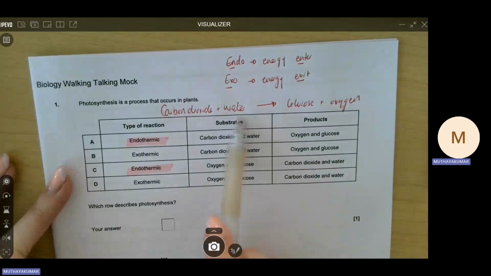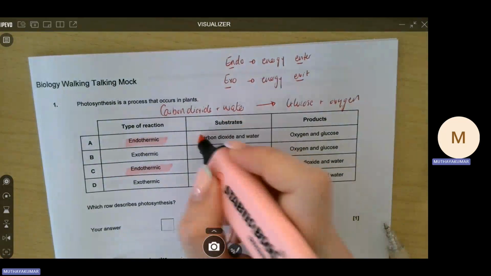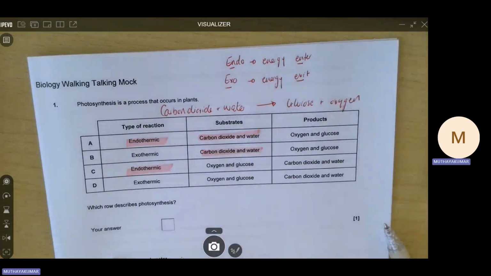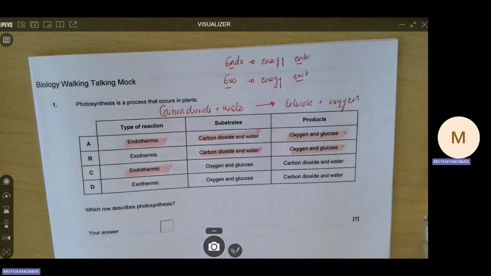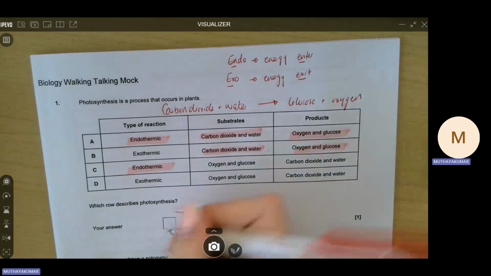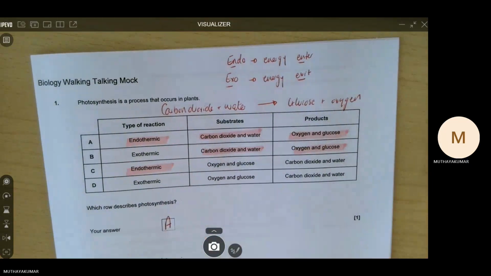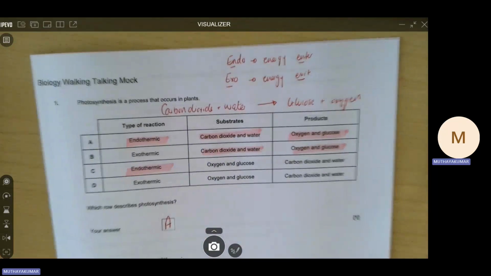All right, and your substrates are going to be before the arrow. Okay, so we're looking at carbon dioxide and water, and your products are afterwards, oxygen and glucose. So the answer for 1 is A. As with all multiple choice questions, get rid of the ones that you know are incorrect, and then if you're stuck between 2 or 3, make best guess.